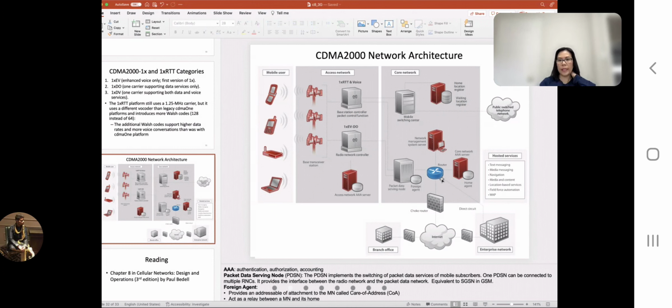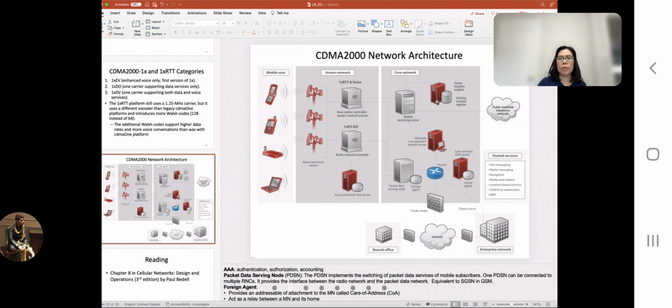We'll go through each of these in turn. This is the 3G network. We have the core network, and this is the UTRAN, which we talked about before. Now in CDMA 2000, they call it the access network. And this is the user equipment.